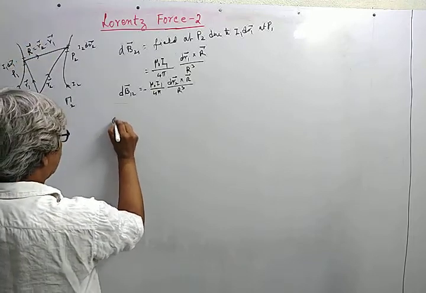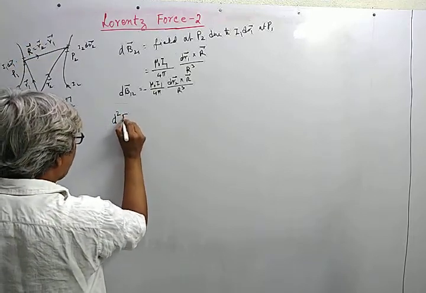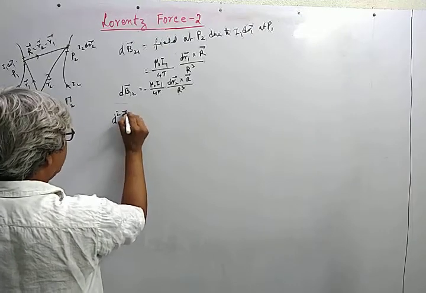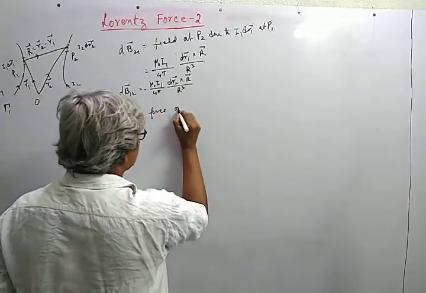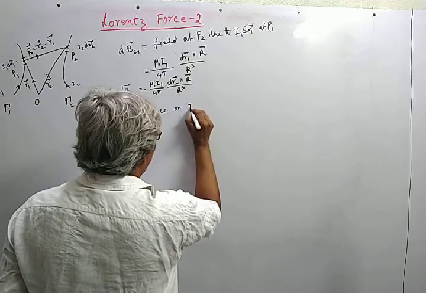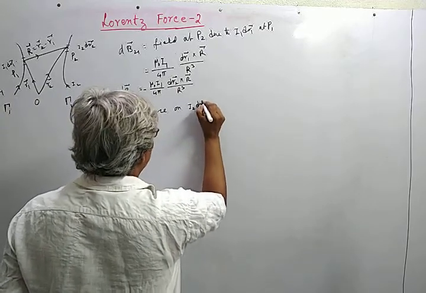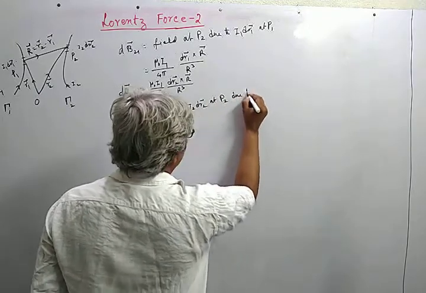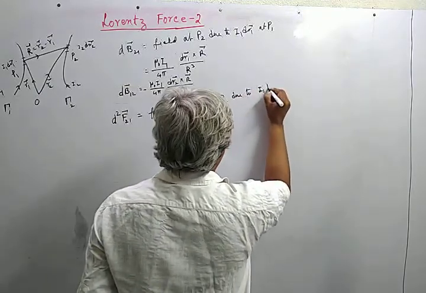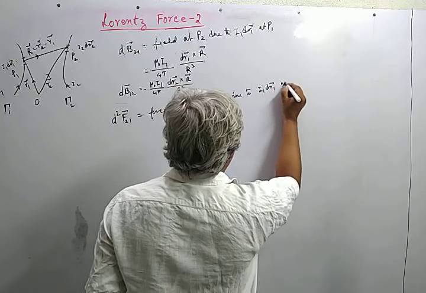So we call it d2F21. This is equal to the force on I2 dR2 at P2 due to I1 dR1 at P1.